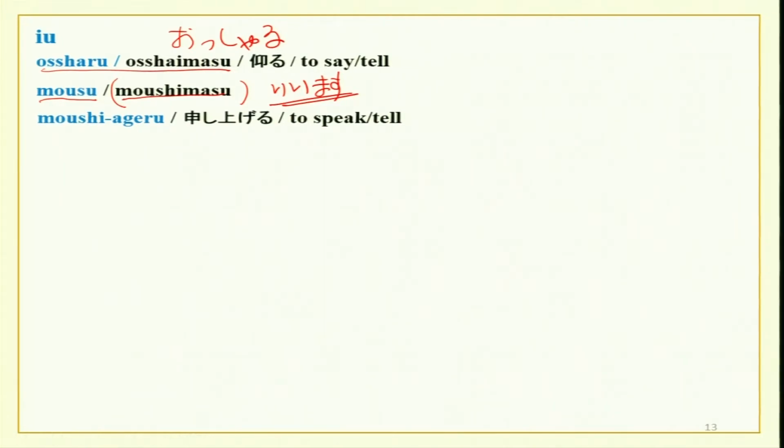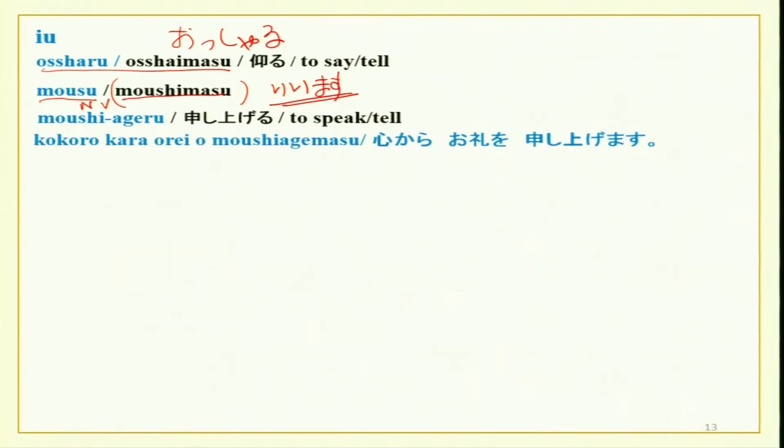Moshiageru. Remove the masu, make it a noun, and noun verb over here, moshiageru. What does that mean? To speak or to tell again. I will speak and tell you is what it means. Now, look at this example.